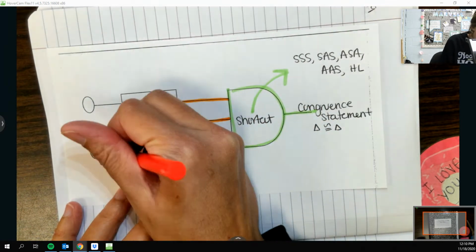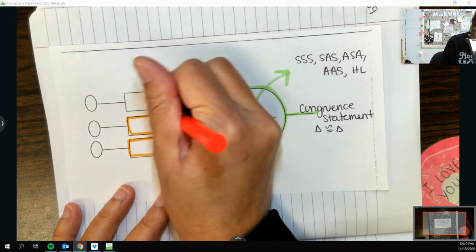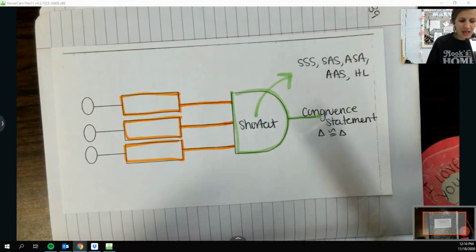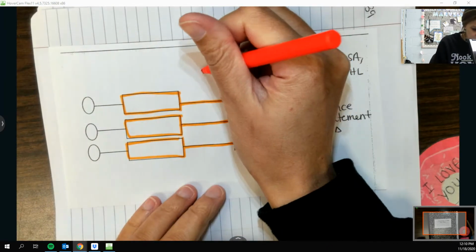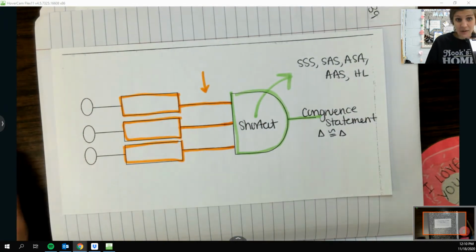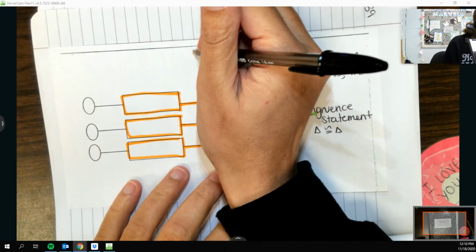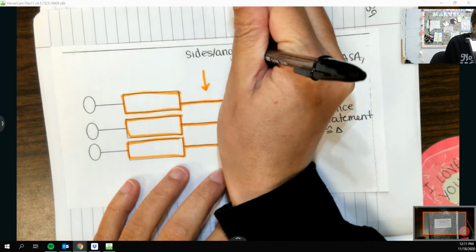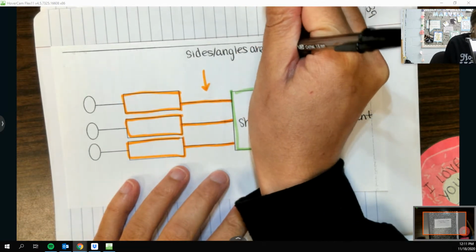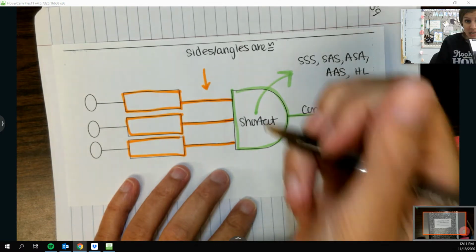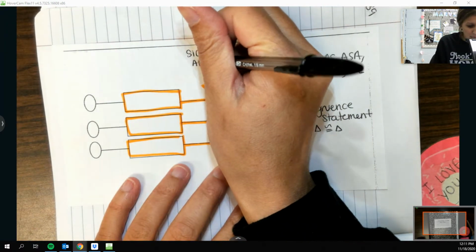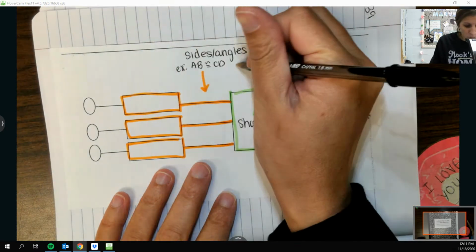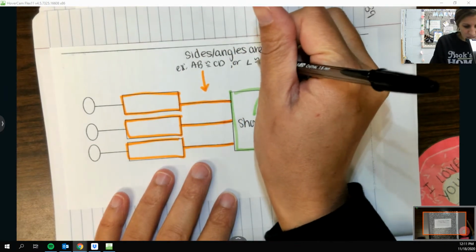Then the next thing that we do on these lines here and in these rectangles is we say exactly which three things are congruent. On the lines themselves, we put either sides or angles are congruent. So literally you're saying, you know, side AB is congruent to side CD or something like that, or an angle is congruent to an angle.